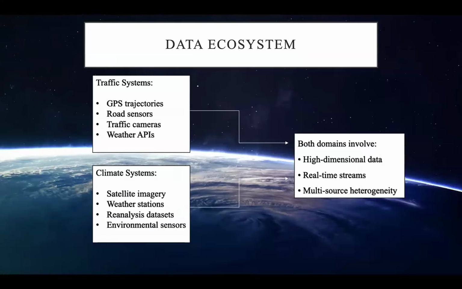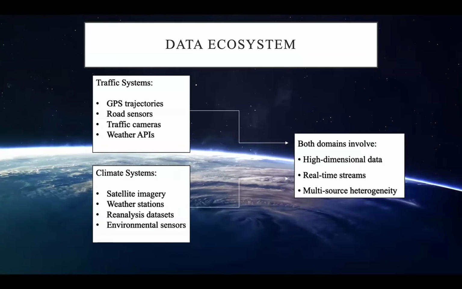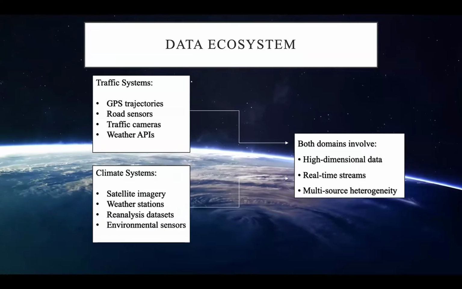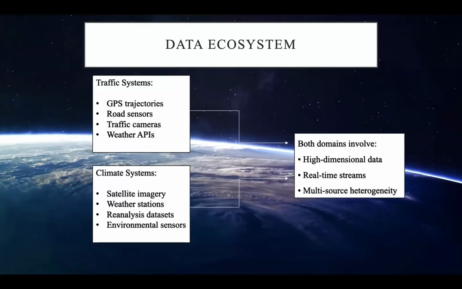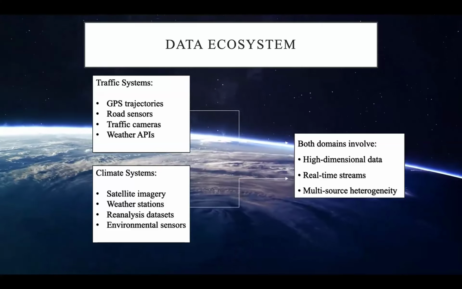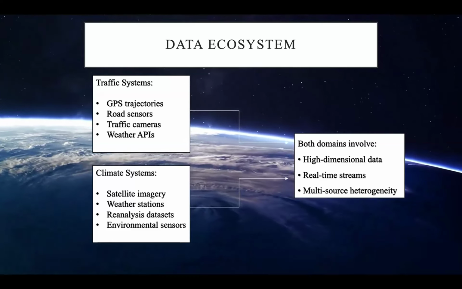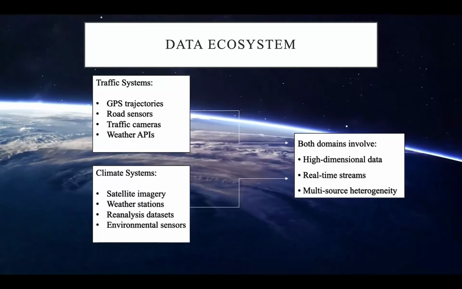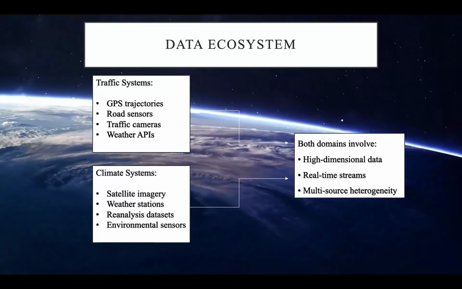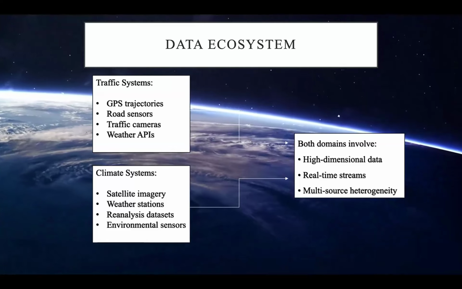Next, we'll go to the data ecosystem. Here, the data ecosystem is divided into two parts, traffic and climate. Both systems are very important, and they are rich but complex data ecosystems. In traffic systems, the data sources include GPS trajectories, roadside sensors, traffic cameras, and weather APIs.